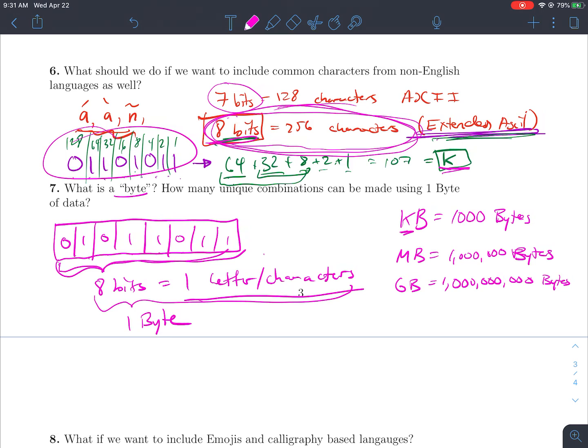It's a lot of letters. So if you think about the storage on your computer and how much the files take up, 1 billion bytes is a gigabyte. And that's 1 billion of these things, which would mean 1 gigabyte is 1 billion times 8, so 8 billion bits. So a gigabyte has 8 billion zeros and ones.